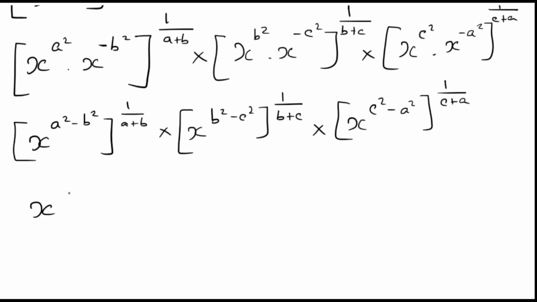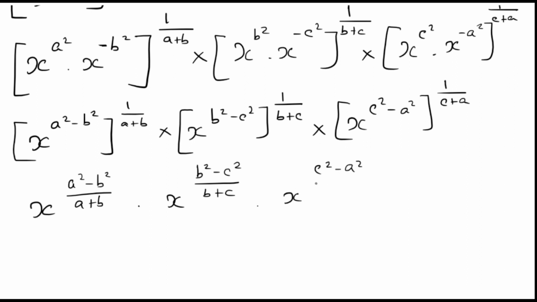So after multiplying, you get x to the power a square minus b square divided by a plus b into x to the power b square minus c square divided by b plus c into x to the power c square minus a square divided by c plus a. Now here a square minus b square, I am applying the formula, which is a plus b into a minus b divided by a plus b.